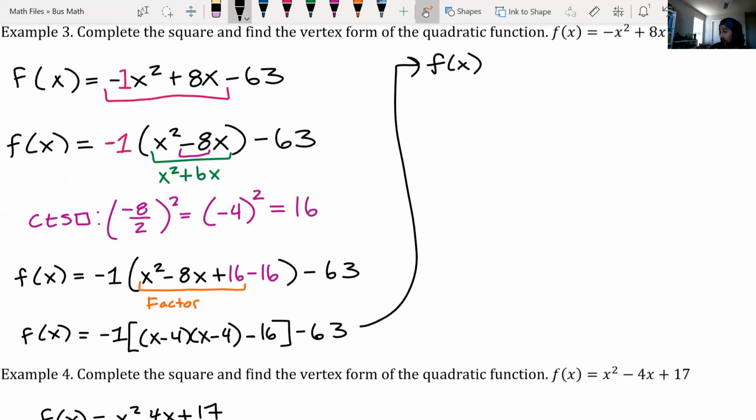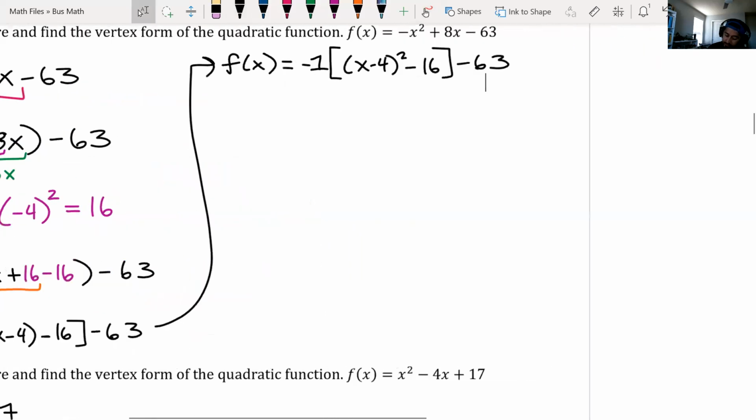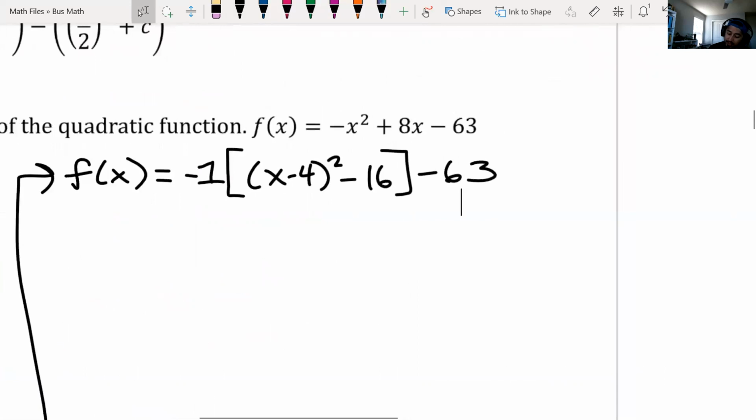And now let's go ahead and clean this up one more time to write it a little neater. I'm still going to keep those brackets there. x minus 4 times x minus 4 is x minus 4 squared, minus 16, minus the 63. Okay, so what we're going to do now is take this -1 and distribute it to both terms inside my brackets.